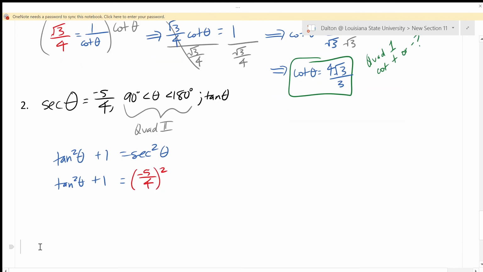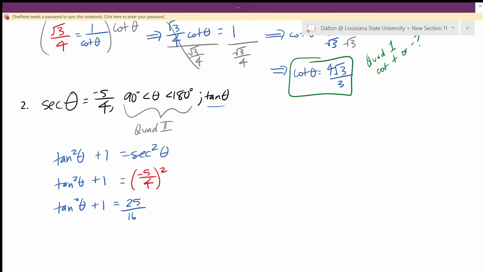So again, we just use algebra properties to simplify. We're trying to solve for the tangent of theta. So I'm going to leave tangent squared theta alone for now. Plus 1 equals, what is negative 5/4 squared? Did you say negative? Right, negative times the negatives are positive, right?